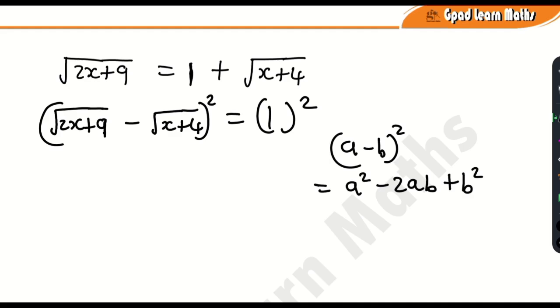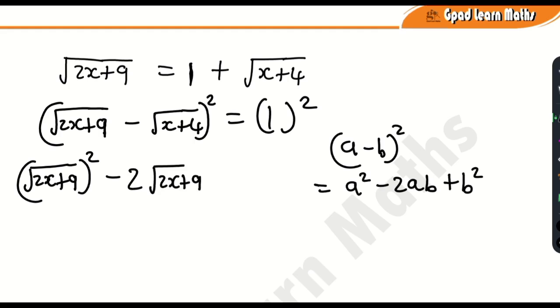So let's do that here. The first term squared, that's the square root of 2x plus 9 squared. Okay, are you with me? Then minus 2ab from here, that's minus 2 times what? The square root of 2x plus 9, times, I'm just going to use dot, the square root of what? x plus 4.